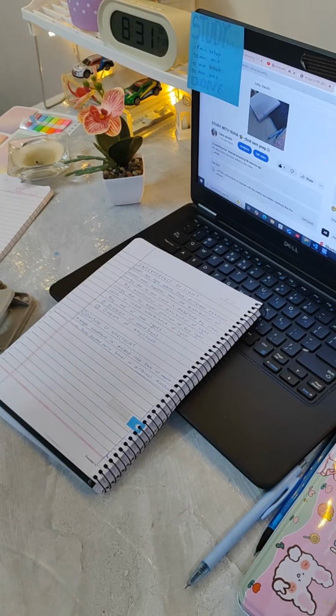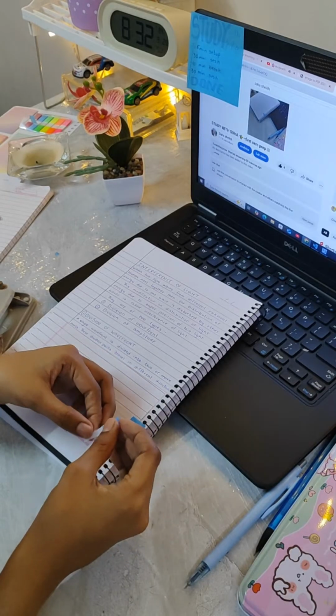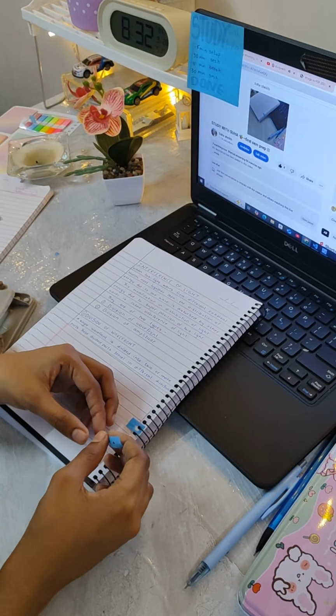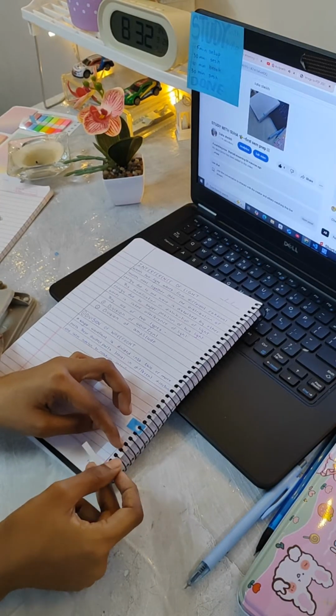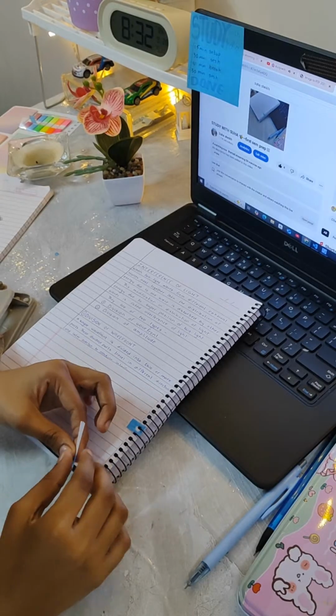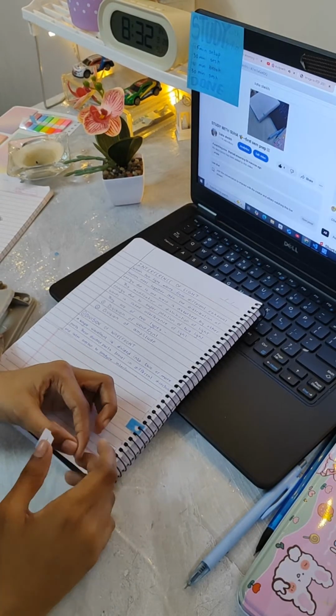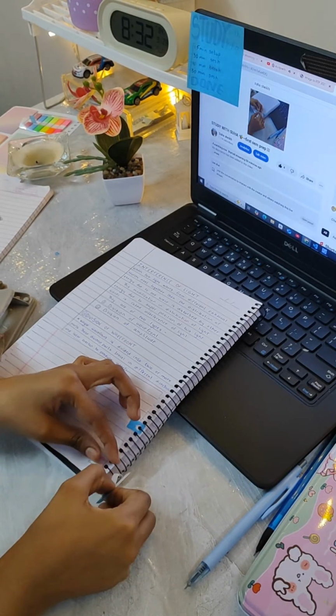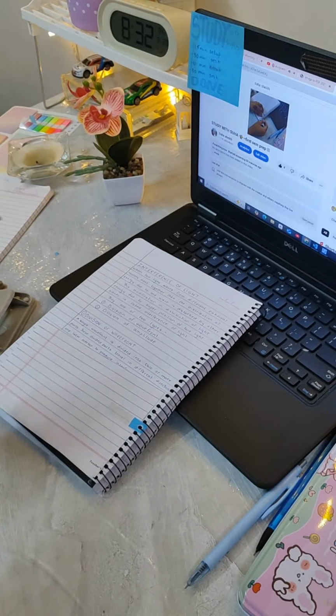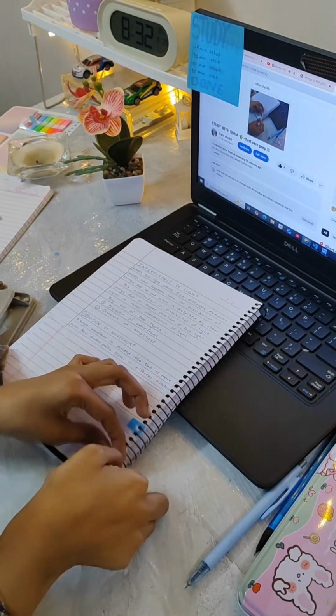There has to be an easier way to do this. Why am I doing this? I mean, it's for a good reason, but it's a little tedious, I won't lie.